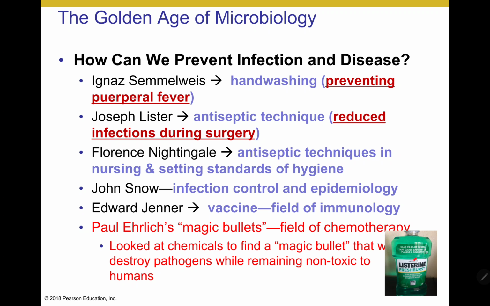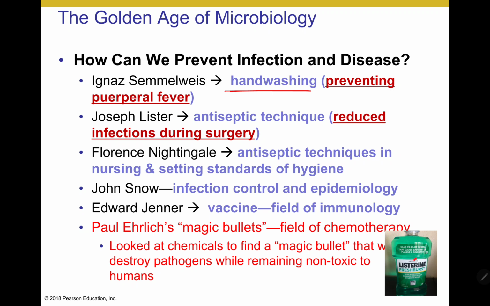And he noticed that the medical students delivering the babies were doing autopsies ahead of time. Like in the morning they were doing autopsies, and then afterwards they would deliver babies. And so he implemented essentially hand washing, right? He required that hand washing must be done before delivering the babies.